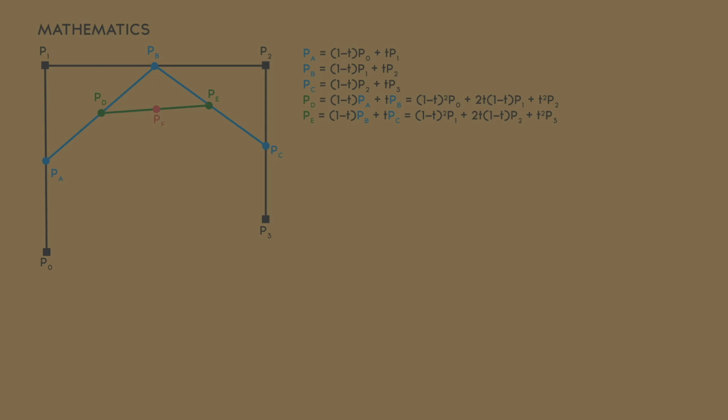And the resulting code for that is, after working it all out, (1 - t) cubed times P0, plus 3t(1 - t) squared times P1, plus 3t squared (1 - t) times P2, plus t cubed times P3.